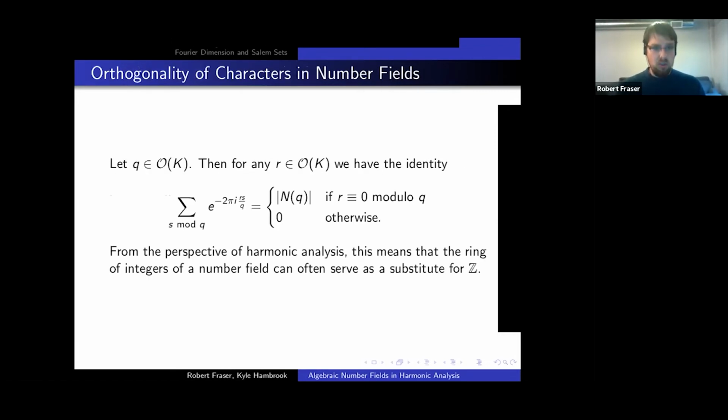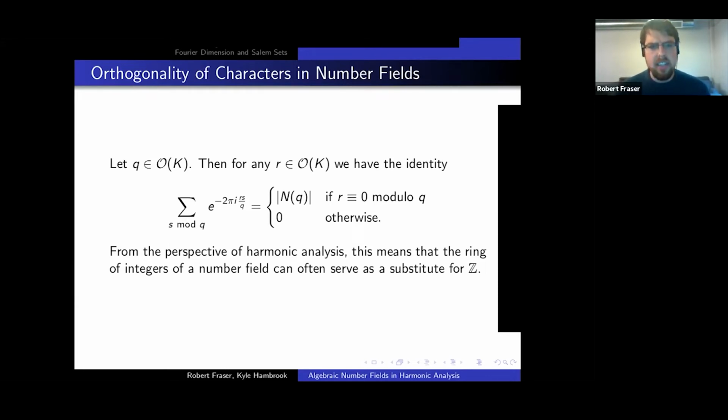So if you let q be in the ring of integers of k, then for any r in the ring of integers of k, you have that the sum over all different s modulo q of e to the 2 pi i r over q is, well, if r is congruent to 0 mod q, then each summand is 1, so you get the number of summands, which is the field norm, with an absolute value, of course. And otherwise, you end up getting 0.